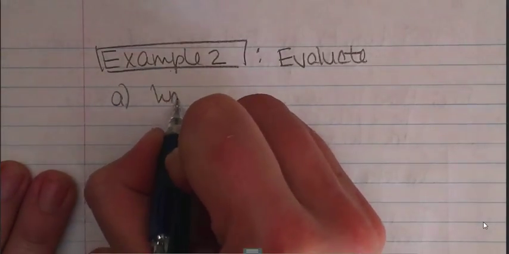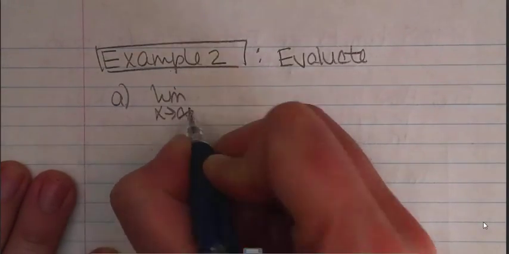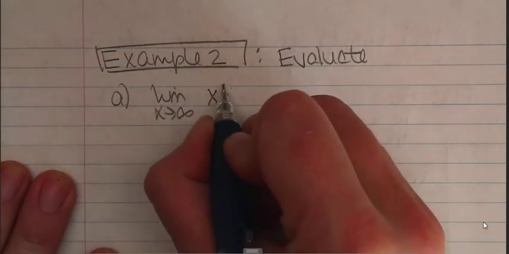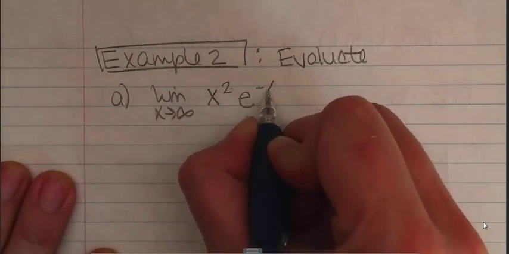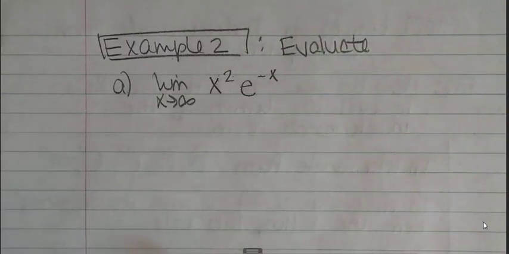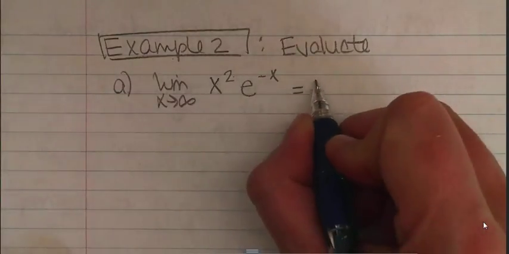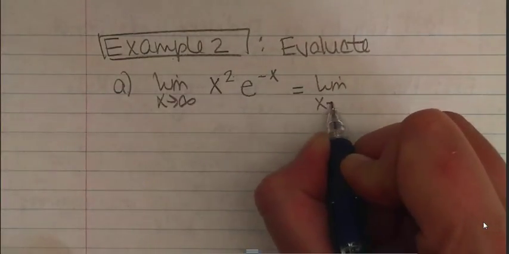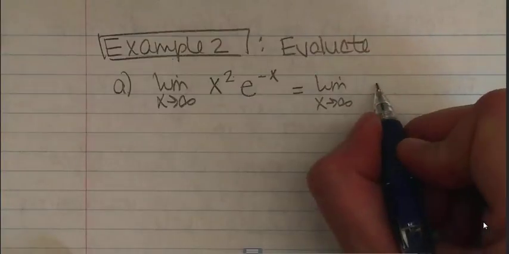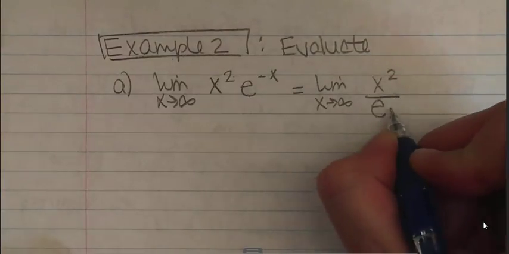So the first one will be the limit as x goes to infinity of x squared times e to the negative x. Well, to help me out, I might rewrite this so that I basically have a numerator and denominator. So I can say that this is also the limit as x goes to infinity of x squared over e to the x.